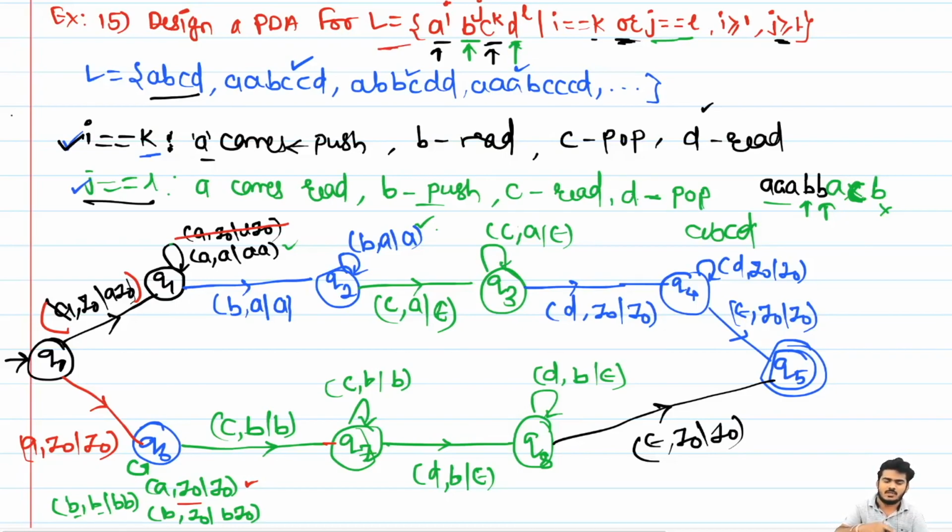So after solving such examples, we have observed that context-free languages are divided into two types: deterministic context-free languages and non-deterministic context-free languages. The deterministic context-free languages are accepted by a deterministic PDA, and similarly, languages which are non-deterministic in nature are accepted by a non-deterministic PDA.